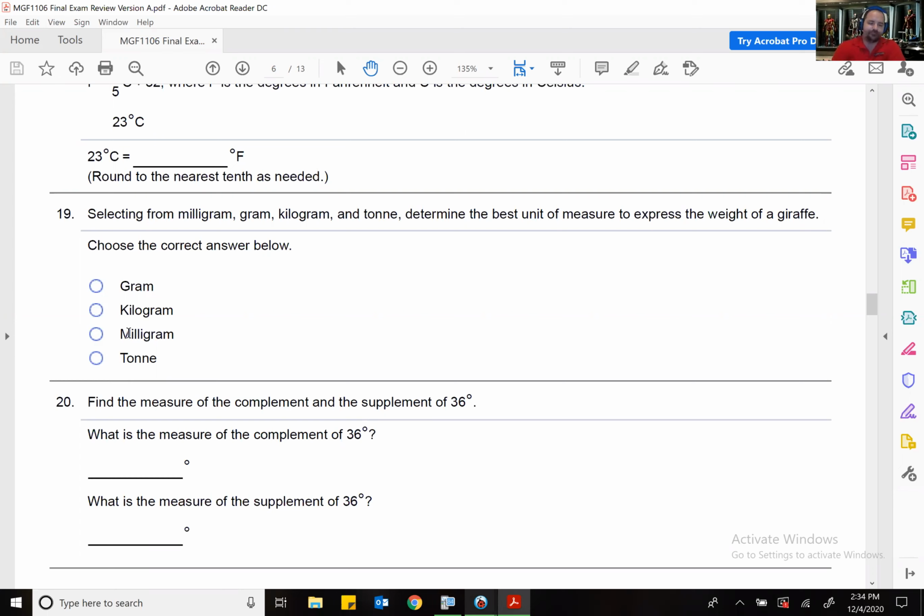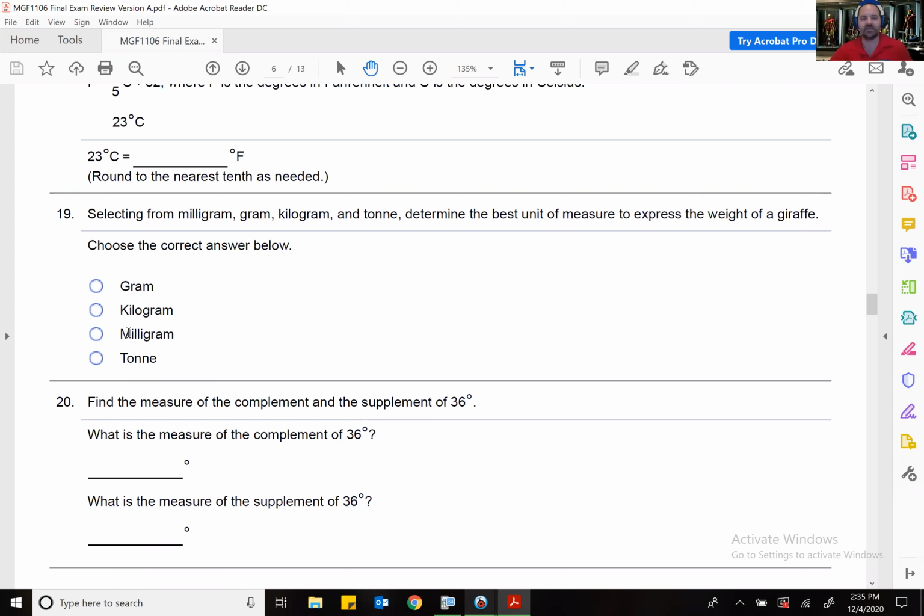Now a gram is also extremely light, but I would weigh a stick of chewing gum as a gram. Again, they're light, but it's a little bit heavier than a pill.